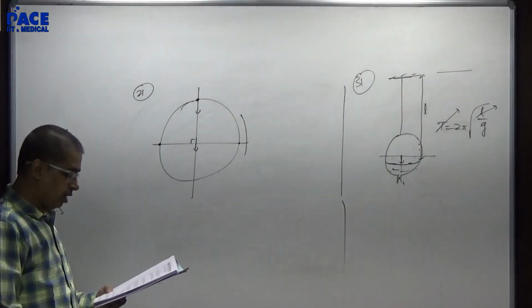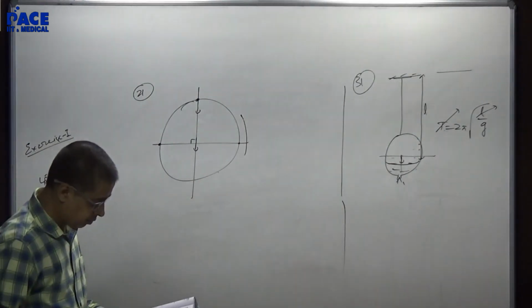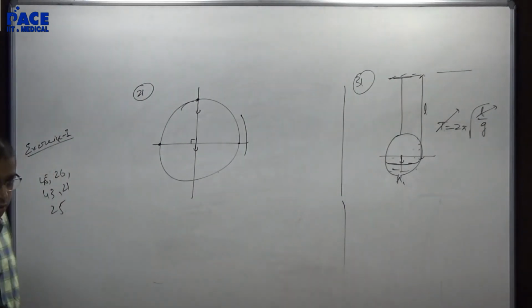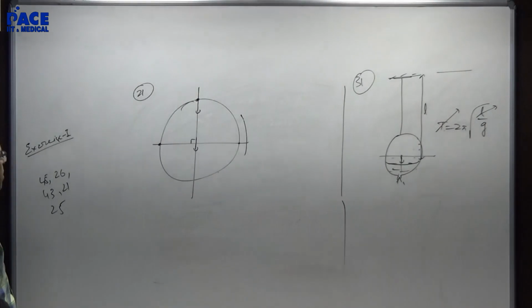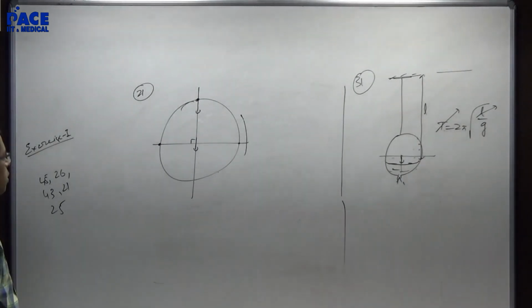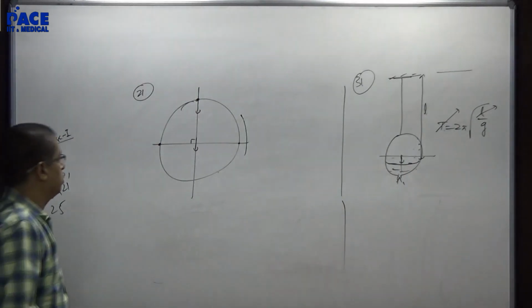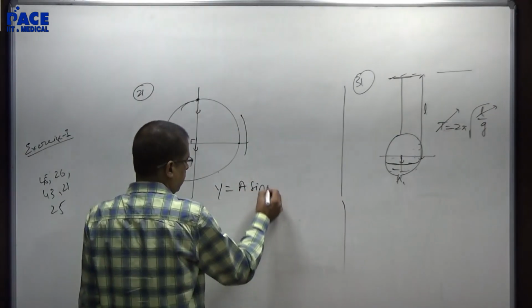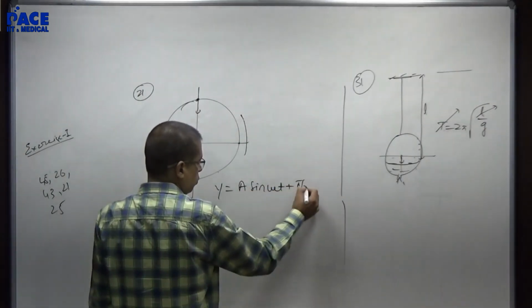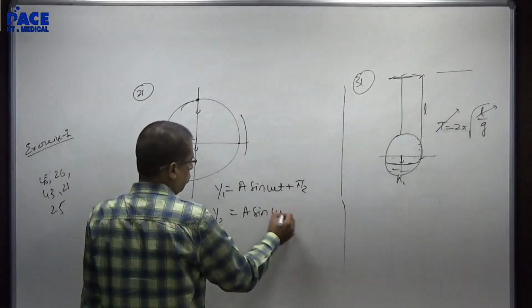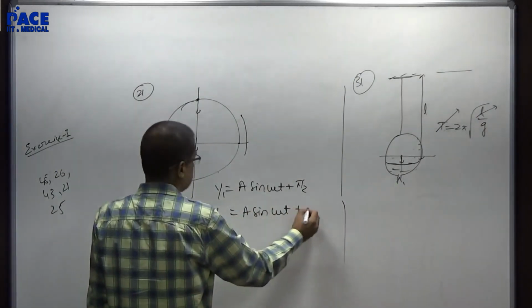They will cross each other after a further time of... So y1 I will take as a sin omega t plus pi by 2. y2 is equal to a sin omega t plus pi.